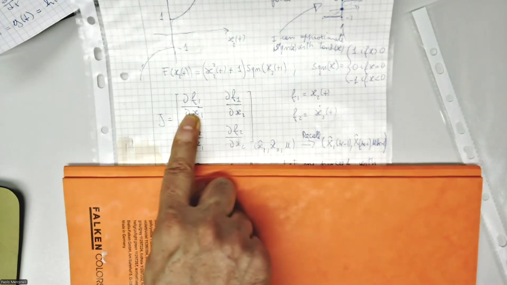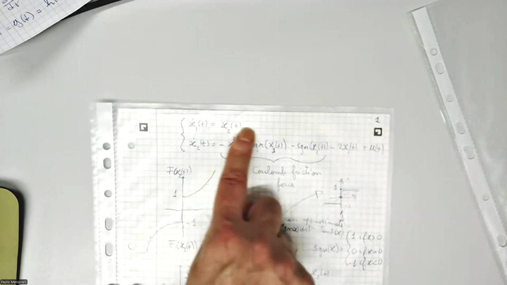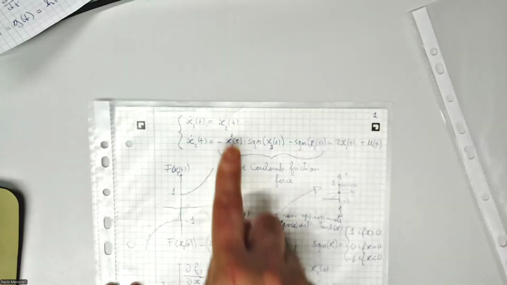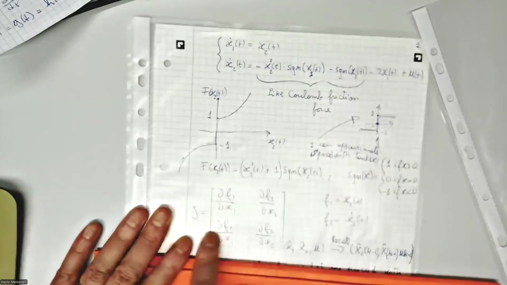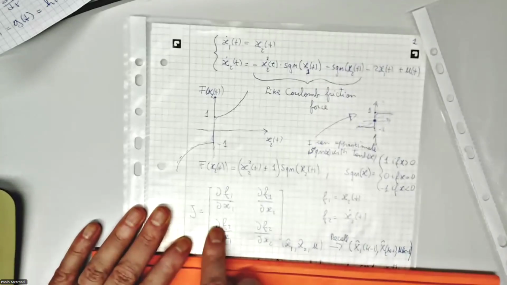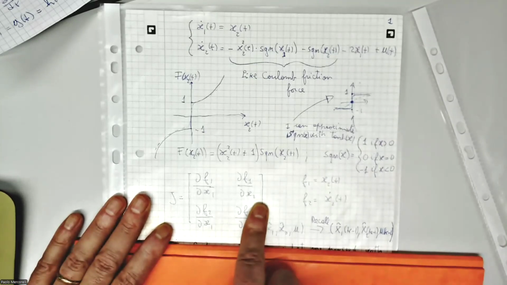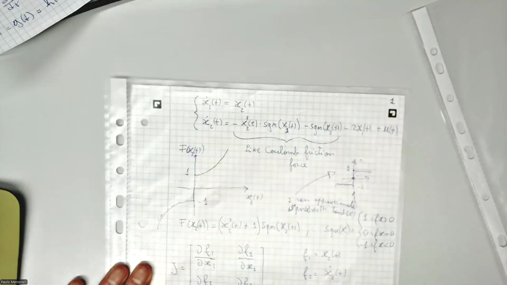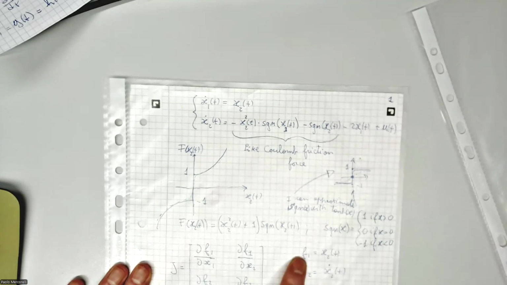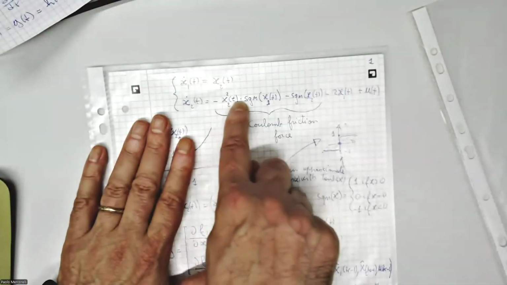The derivative of f1, which is x2, with respect to x1, the derivative of f1 with respect to x2, and the second line in the same form, the derivative of f2, which is this long expression, with respect to x1, and the derivative of f2, the same long expression, with respect to x2. This long expression probably is not very well visible.